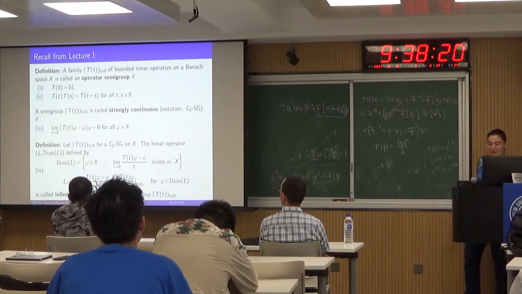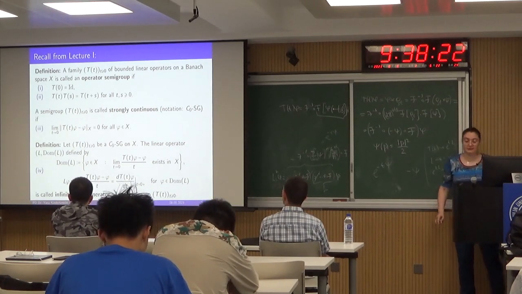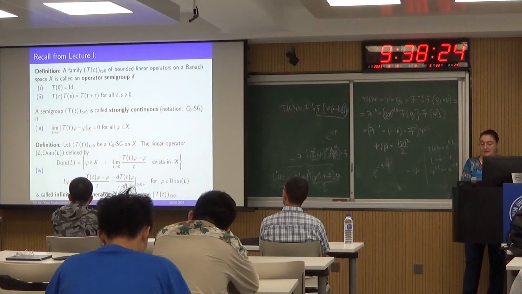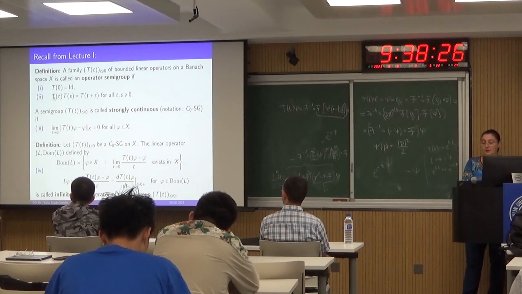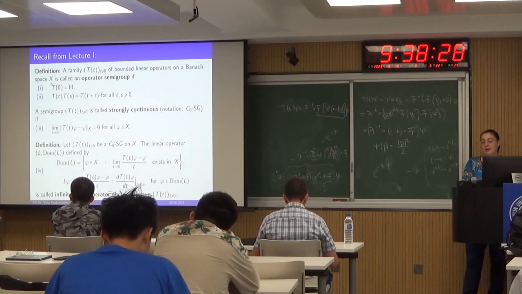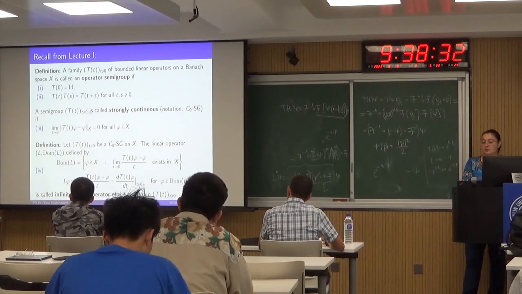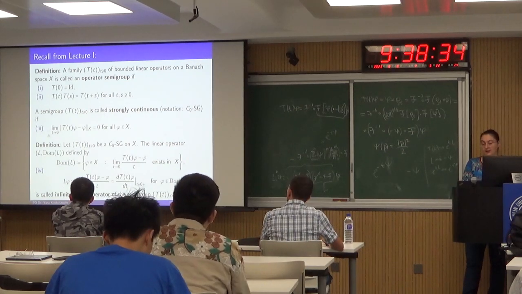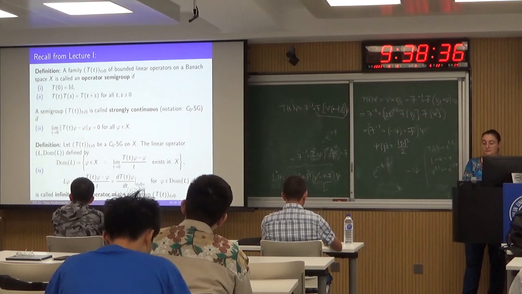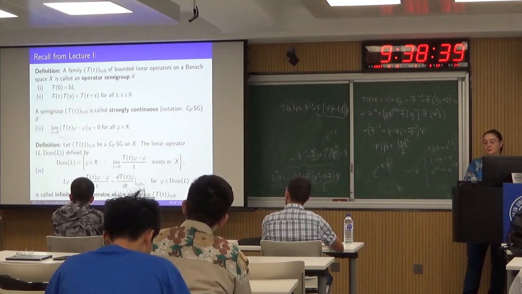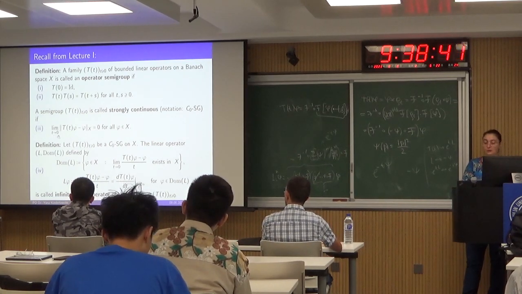Okay, so I recall the definitions which we discussed yesterday. An operator semigroup is a family of bounded linear operators having these two properties from yesterday. A semigroup is called strongly continuous if we have this condition, pointwise continuity at t equal to 0.